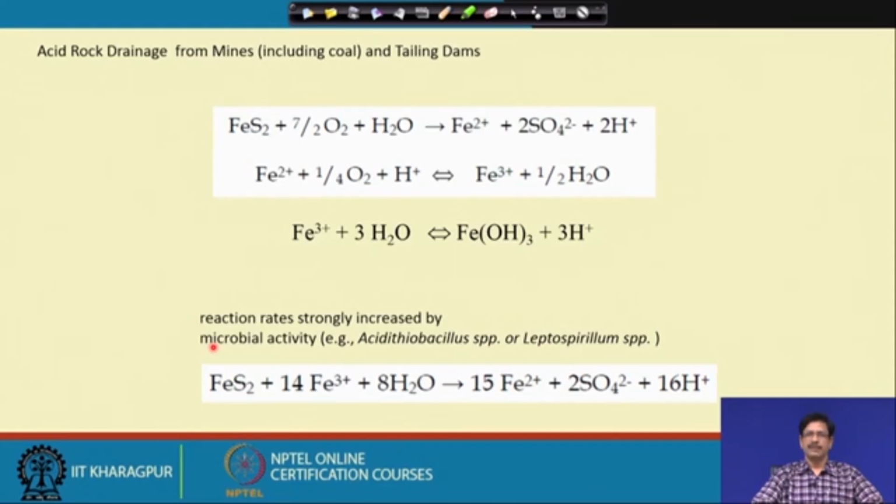That is how the name acid mine drainage is derived. The water is rendered very acidic, and the pH becomes very low.